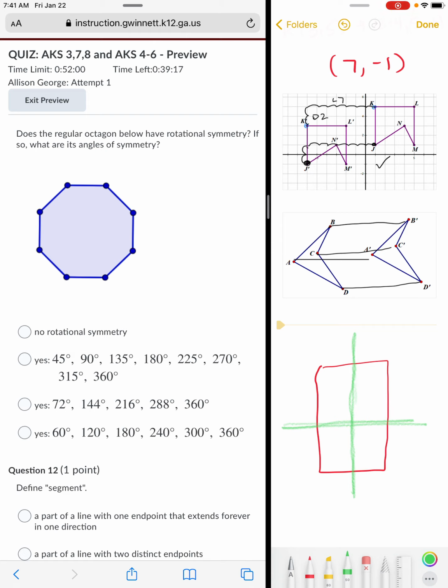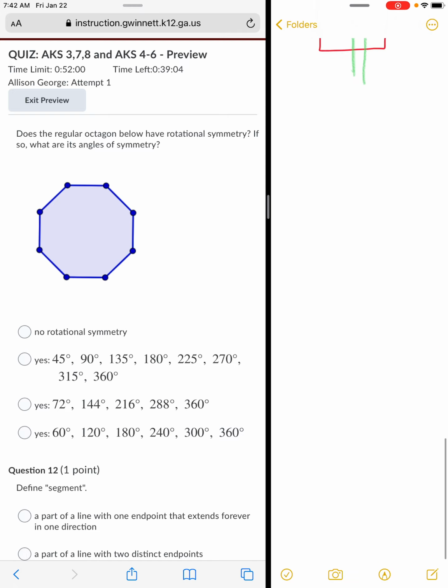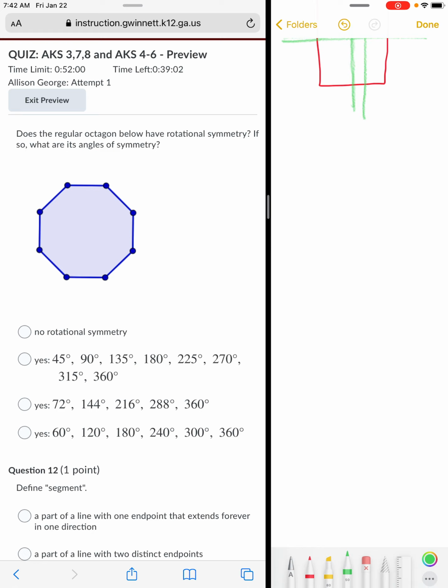Does the regular octagon below have rotational symmetry? If so, what are its angles of symmetry? So we notice that this is a regular octagon, and we learned that regular polygons always have symmetry, and their symmetry is related to the number of sides that they have. So an octagon has 8 sides, therefore it has 8-fold symmetry.